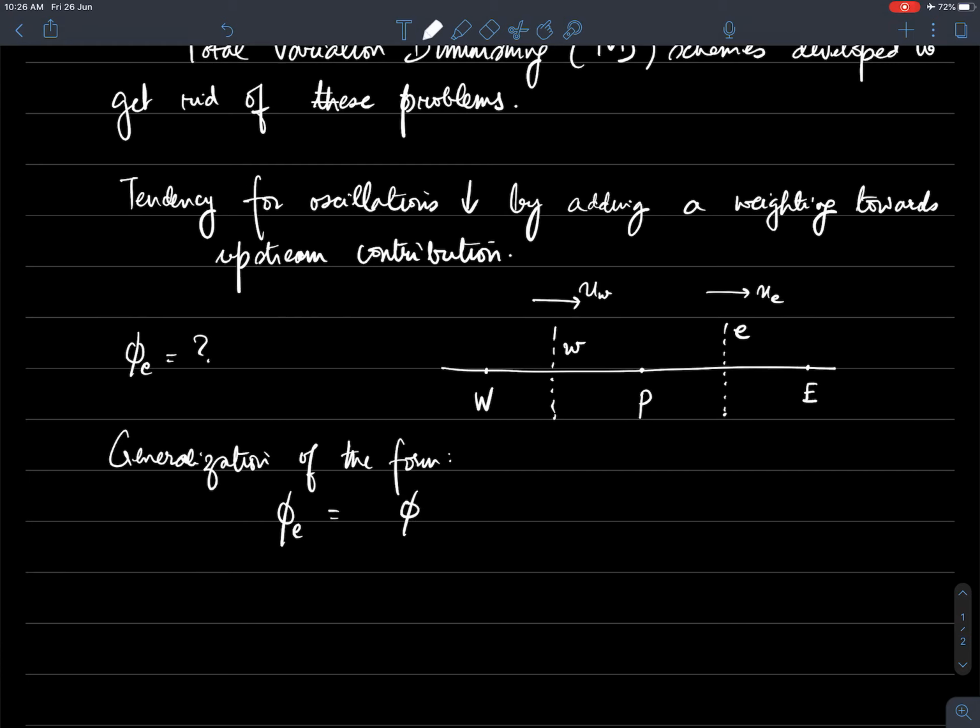Let's say phi_e is phi_P, which is the upstream value, plus half into psi into (phi_E minus phi_P). Phi is the value of the variable at these grid points. Psi is what is called a flux limiter function.